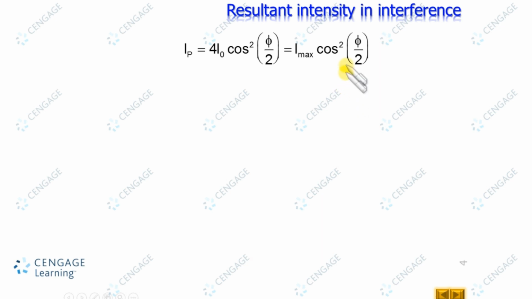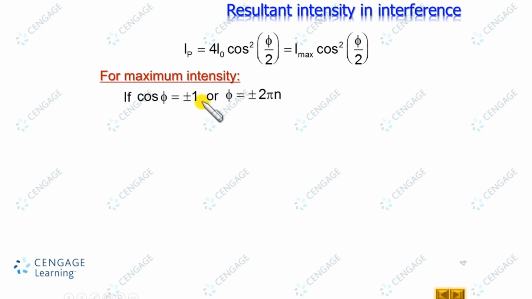Okay, let us consider the maximum intensity. For maximum intensity, we know this cos phi should be equal to plus minus 1. So let us write cos phi equal to plus minus 1, that is, phi equal to plus minus 2n pi. And we know the relationship between the phase difference and path difference. We know phase difference equal to 2 pi by lambda multiplied by path difference.